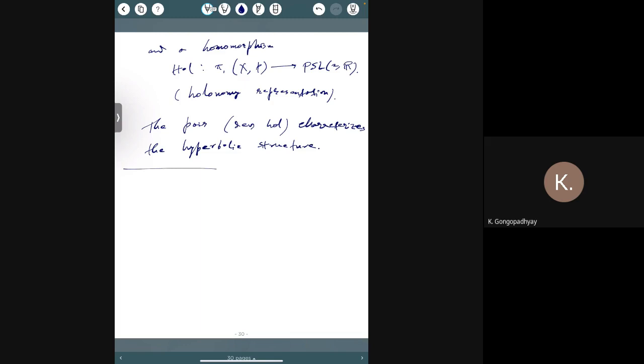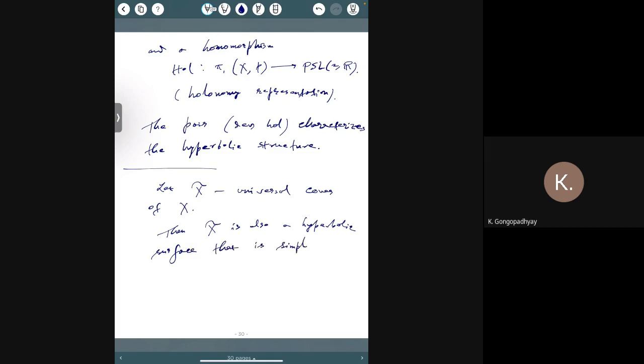So let me give you how the holonomy map is defined. We will assume for the moment that you go to X tilde, the universal cover of X. Then X tilde is also a hyperbolic surface that is simply connected.